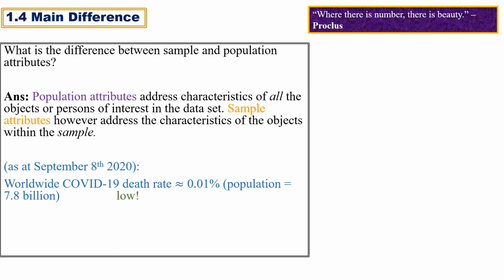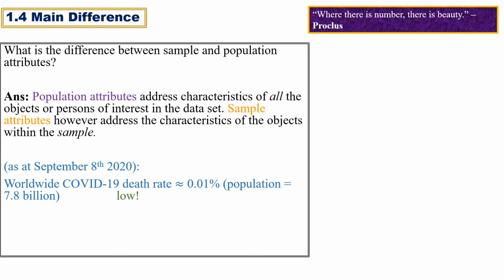The population at that time was 7.8 billion. So what we would say here is that the population attribute, which is death rate, the actual value is 0.01. At least this is an estimate, and therefore the characteristic, we could describe it as low.